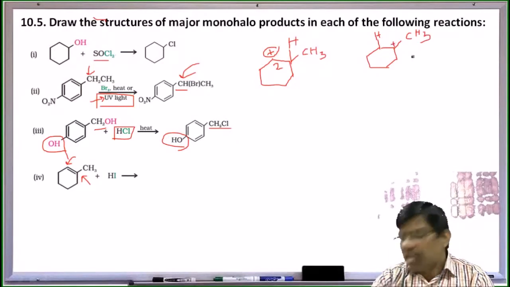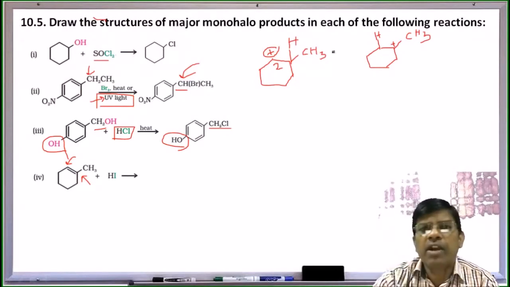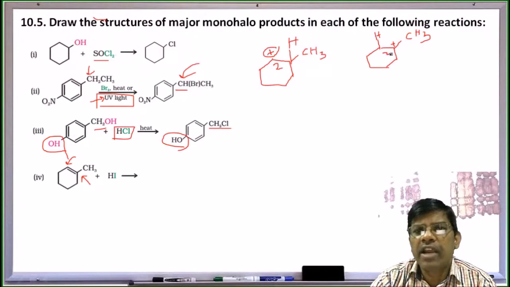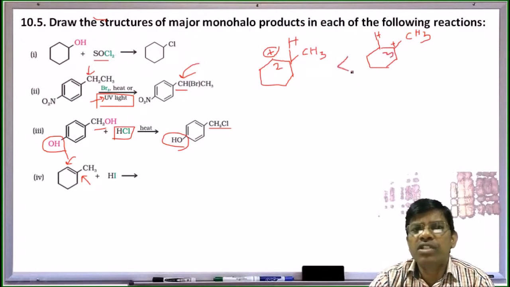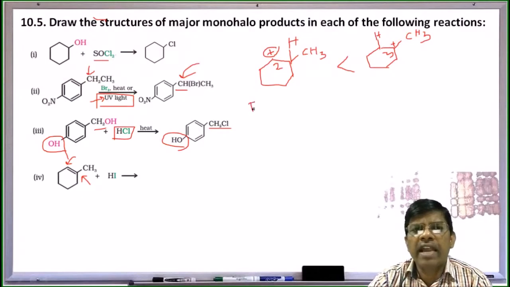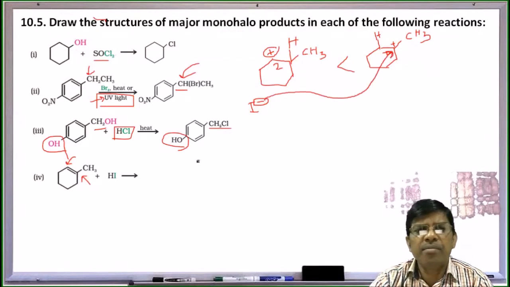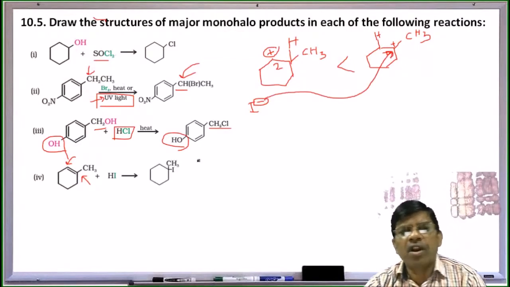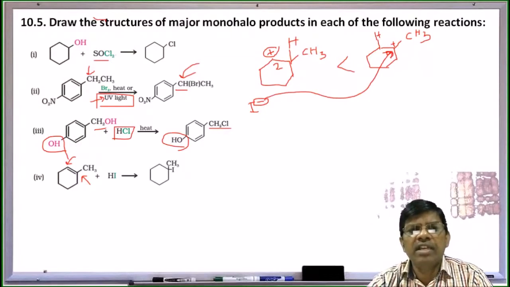Tertiary carbocation. This is secondary carbocation, this is tertiary carbocation. We know which is more stable? Tertiary carbocation. So the incoming iodide or nucleophile will add to this tertiary carbocation, which gives the major Markovnikov's product. Yes, iodine is added here, right?